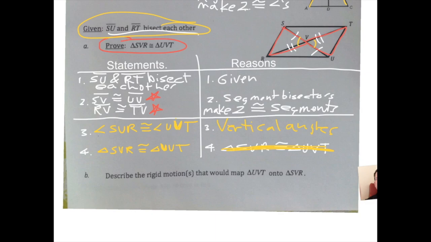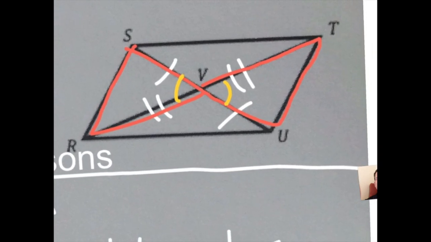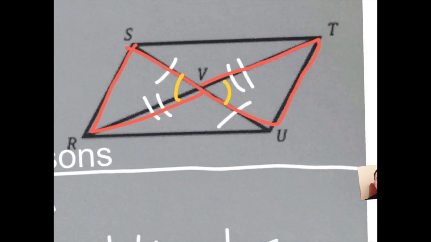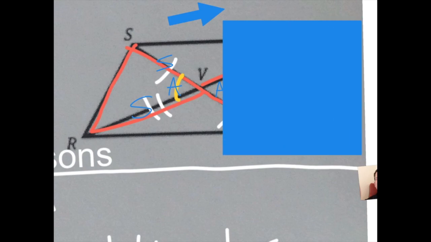All right, for number 4, the last reason would be what pattern is appearing in the picture. If I blow the picture up, I can label it with what I know: those two sides are equal, these two sides are equal, and these two angles are equal. If I cover up one of the triangles, the pattern should jump right out at you.